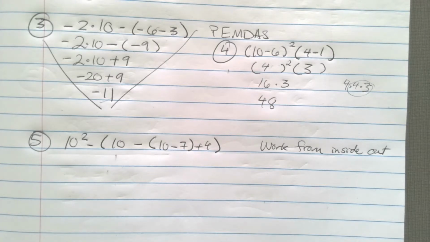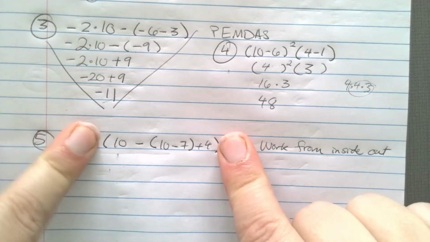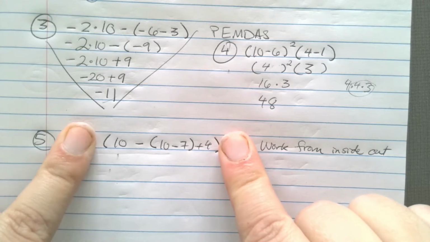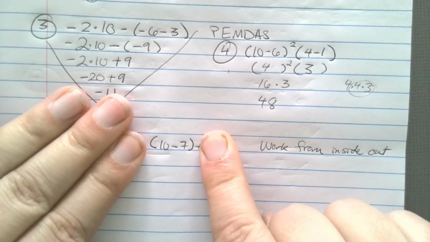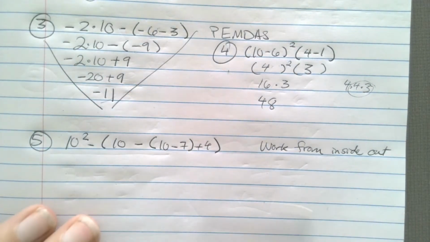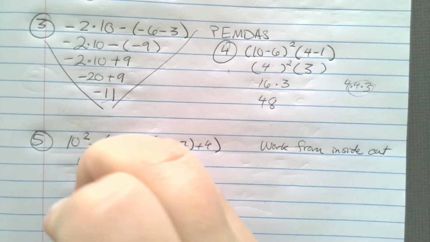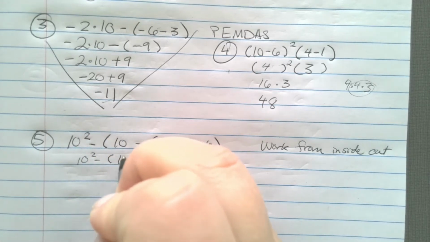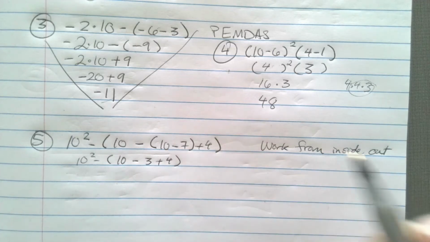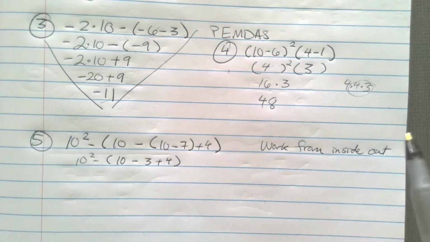Okay guys, we're going to work from the inside out. I'm going to go to the first set of parentheses. Inside that parentheses, can you see there's another group? So we go in even smaller. What's 10 take away 7? Good. So I leave everything else the same and just write that down. I don't need those parentheses on the inside anymore. And then just left to right.